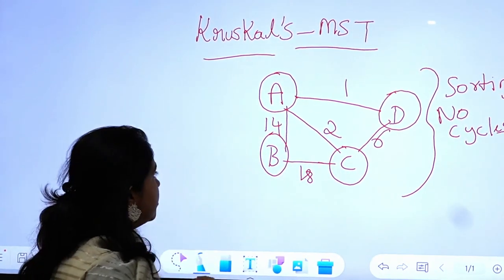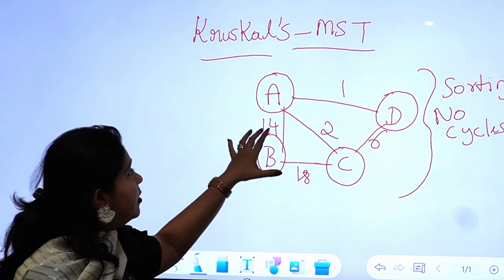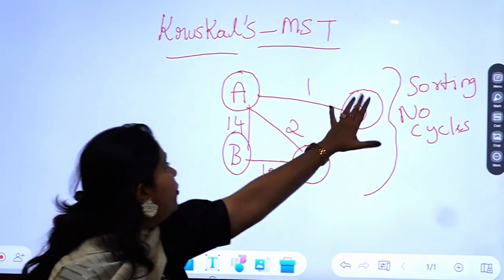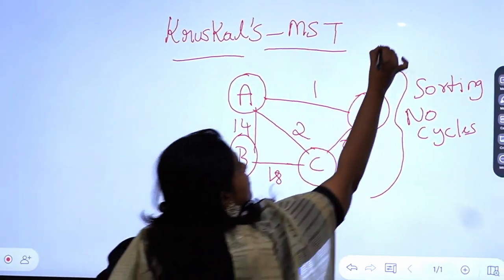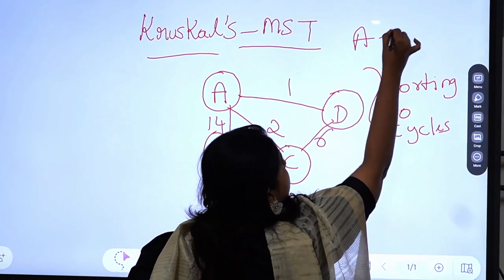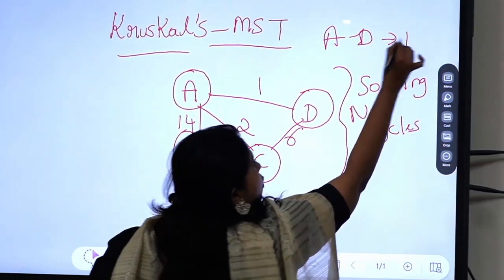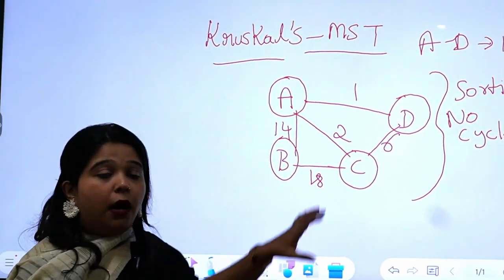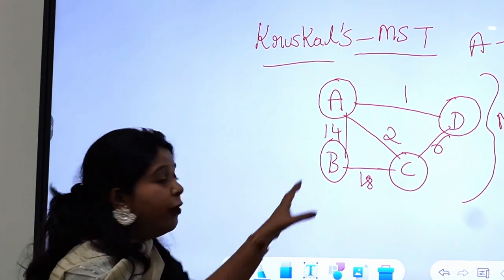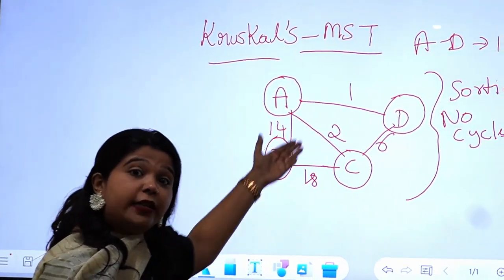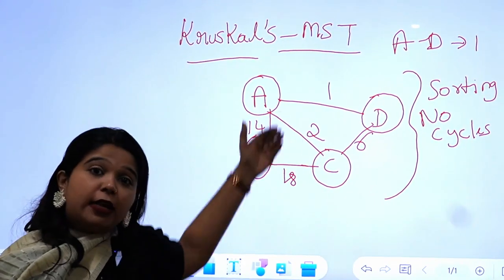So in this case, first we will consider the edge from A to D, which is 1, the least among all.